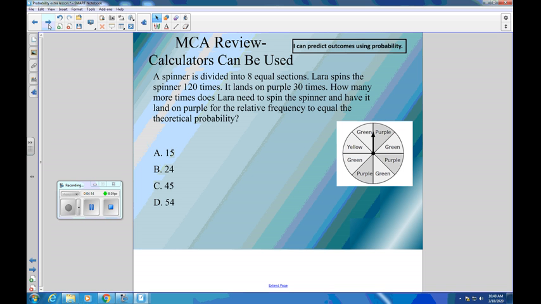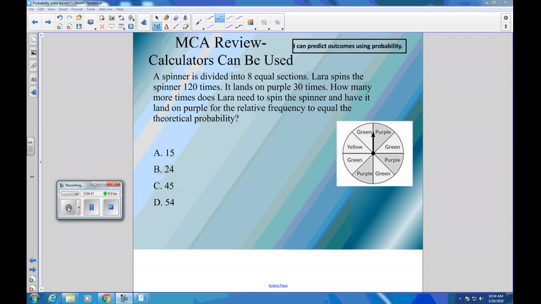The next one says the spinner is divided into 8 equal sections. Laura spins the spinner 120 times. It lands on purple 30 times. How many more times does Laura need to spin the spinner and have it land on purple for the relative frequency to equal the theoretical probability? Our goal in this problem is to get the experimental probability to equal the theoretical probability.